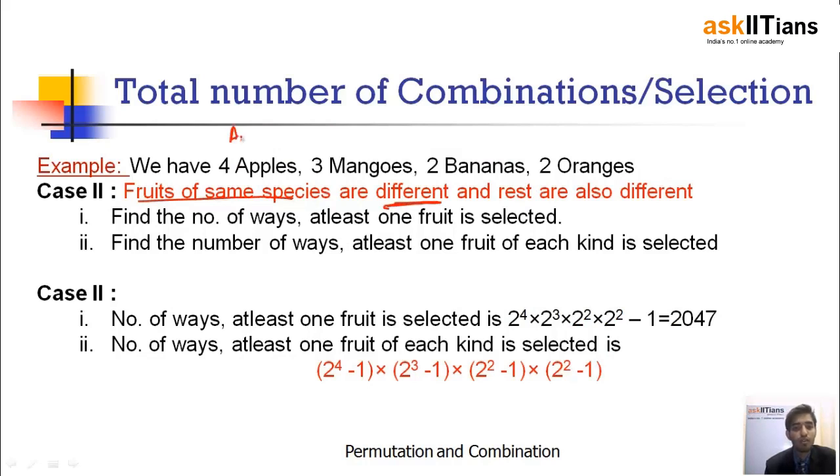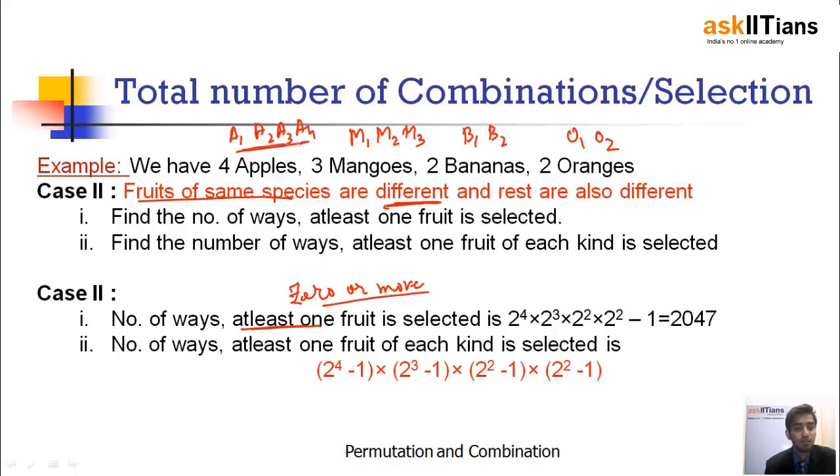Now let us consider case 2 where the fruits of same species are different. Now if there are 4 different apples, A1, A2, A3, A4, 3 different mangoes, M1, M2, M3, 2 different bananas, B1, B2, and 2 different oranges, all these fruits are different, then what is the number of ways in which at least one fruit should be selected? First of all I will select 0 or more fruits.